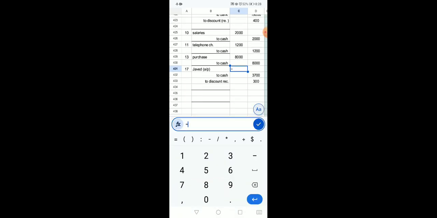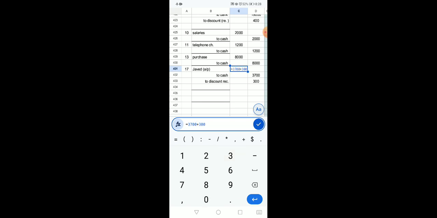The entry has been completed, but they haven't mentioned how much amount should be present on Javed's account or Javed's column, or the account payables column. The amount has not been mentioned, but we do know that debit and credit sides would always be equal. So what we will do, how much amount is present on the credit side? 3700 and 300.